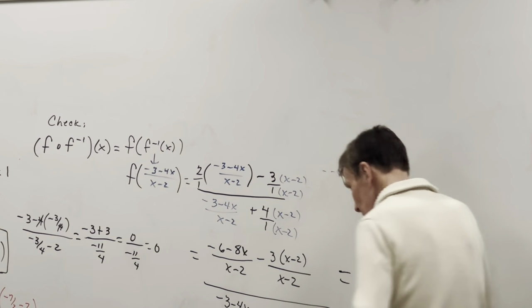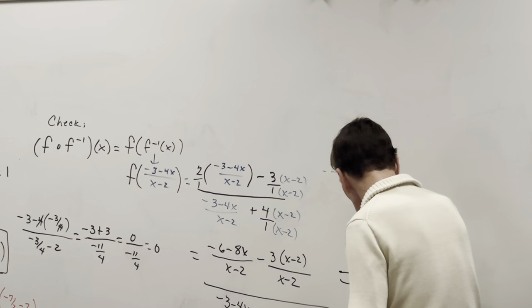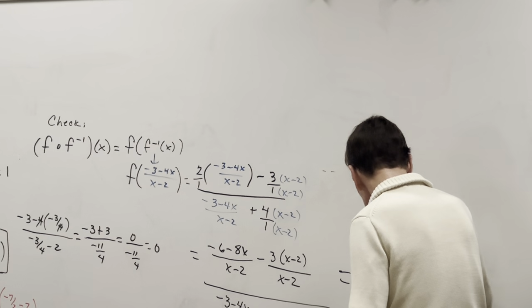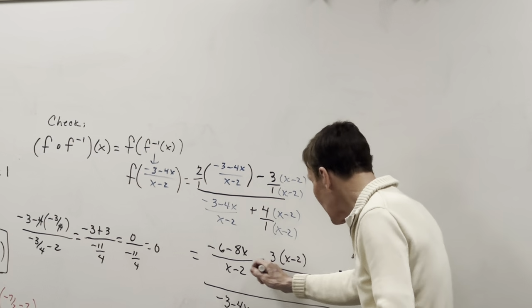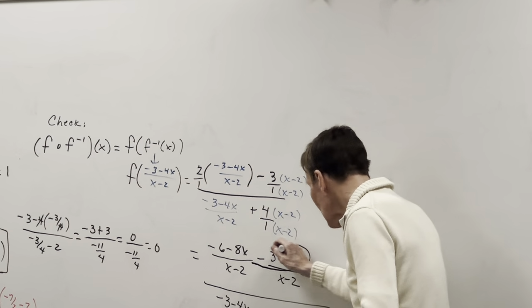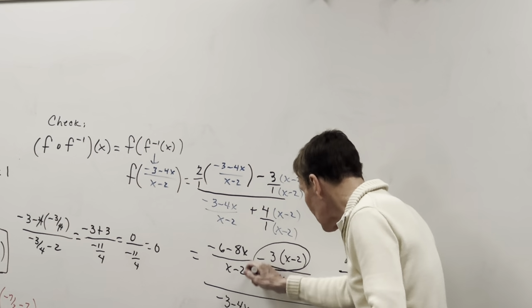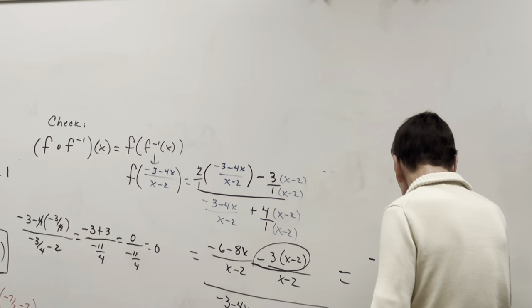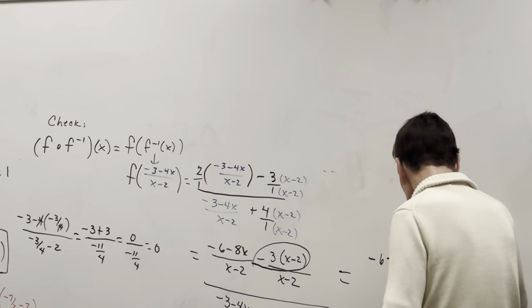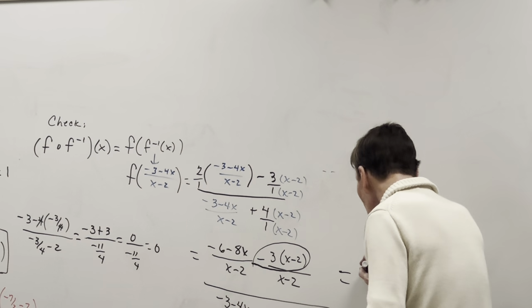Now you guys got -6 subtract 8x. Right here, I think that's -3x plus 6. See if you guys agree. Is that -3x plus 6, all over my common denominator?